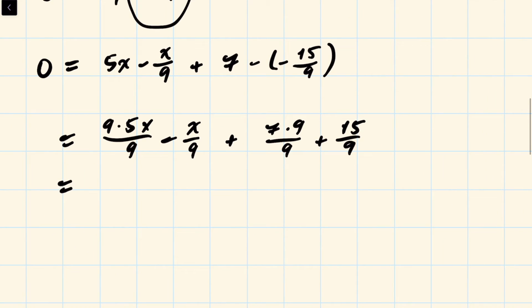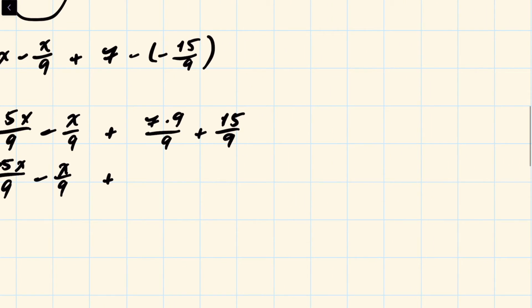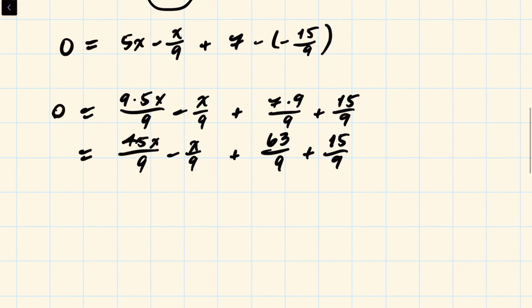So 9 times 5, that's 45, minus x over 9. Plus 7 times 9, I believe that's 63. 63 over 9 plus 15 over 9. And this is all equal to 0, by the way.